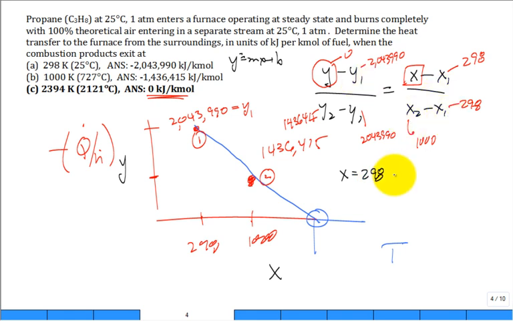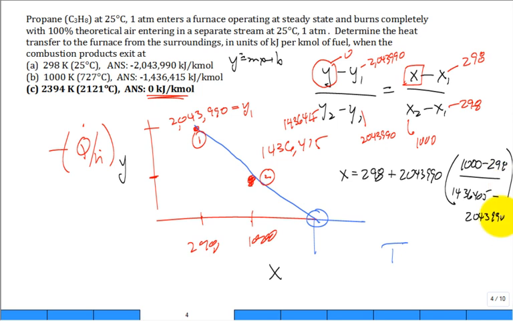Then I'm going to have plus 2043990 times 1,000 minus 298 divided by 36405 minus 2043990. Right? No? Did I mess up the algebra?